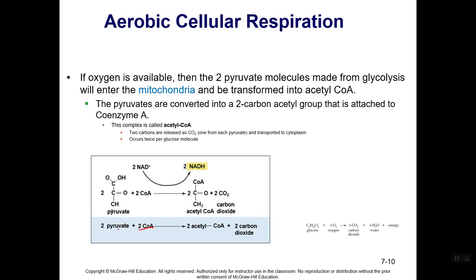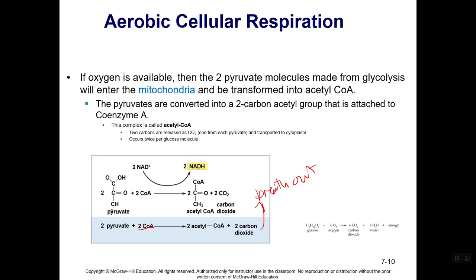We have 2 pyruvates coming from glycolysis. They will have a chemical reaction with 2 coenzyme A's, and that will yield 2 acetyl-CoA. And then we have carbon dioxide as a byproduct. We will breathe out that carbon dioxide. All right.